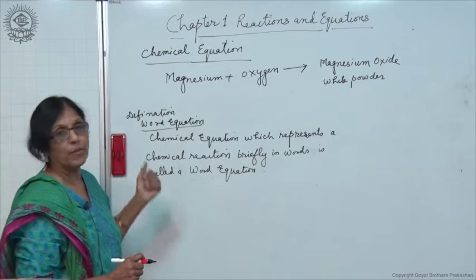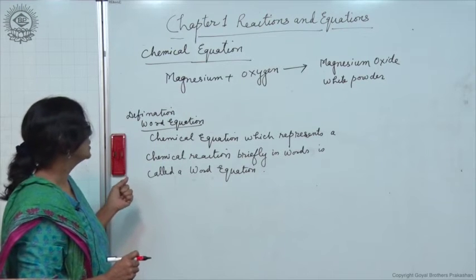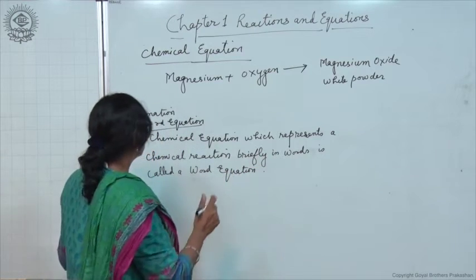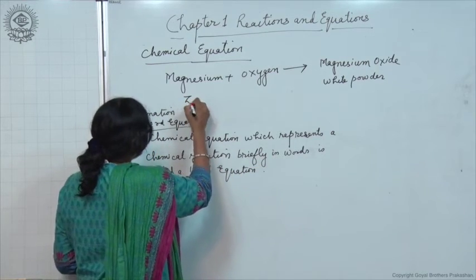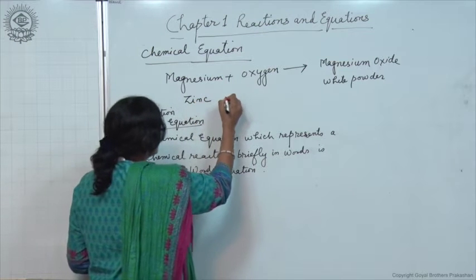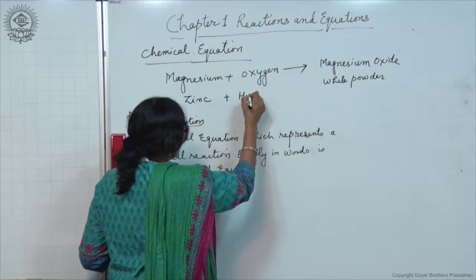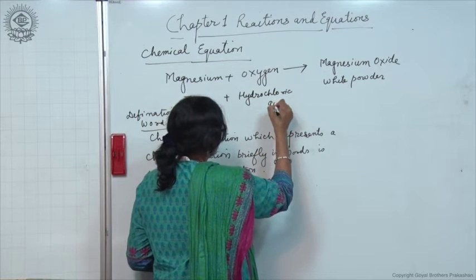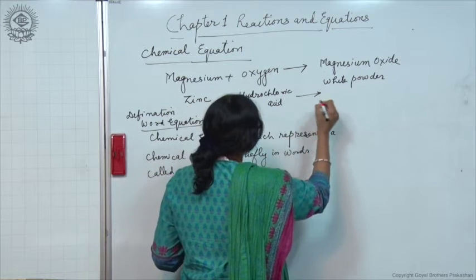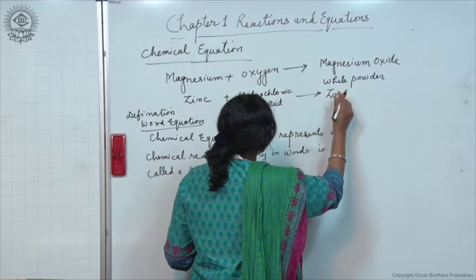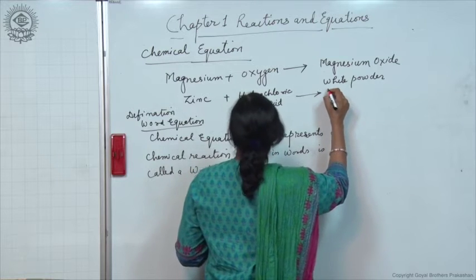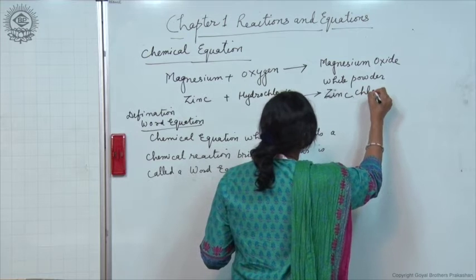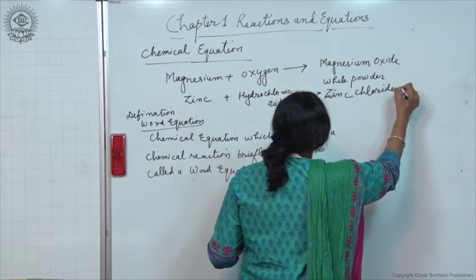One more activity we performed. What was that? Reaction between zinc and dilute acid. That also we can write with the help of this. Zinc plus hydrochloric acid forms zinc chloride and a gas.